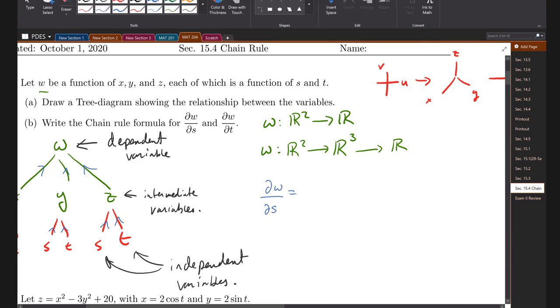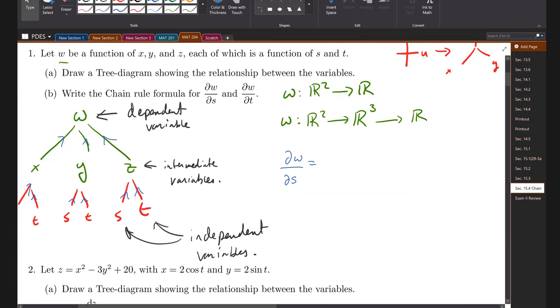The way I like for you to think about this is take your tree, go to W, and then backwards trace all of the different ways you can get to an S. Because these are all rates of change, and rates of change are additive. Everyone know what I mean by that?